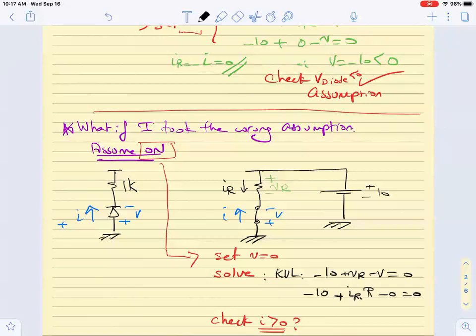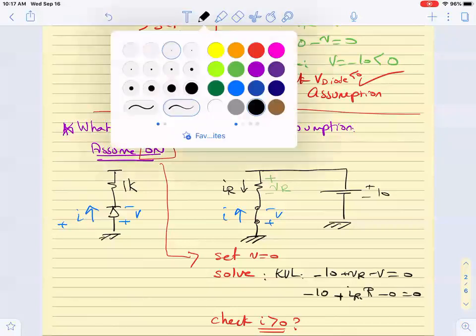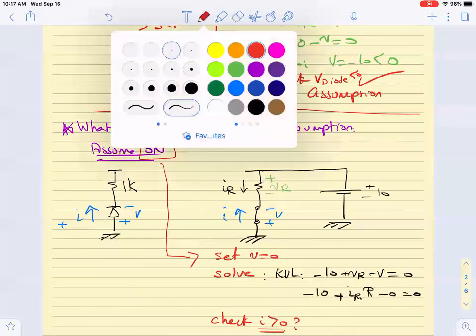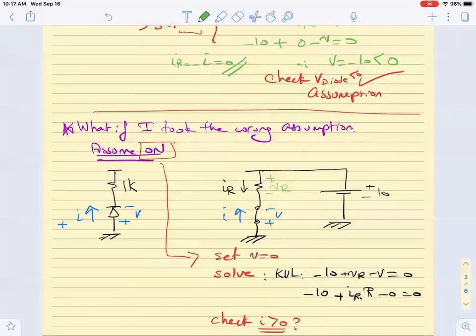VR is IR times R. What is IR? Minus I, exactly. So IR in this example is equal to minus I. I'm going to plug it in here and say that minus 10 minus I times 1K is equal to 0. What do I get for I?